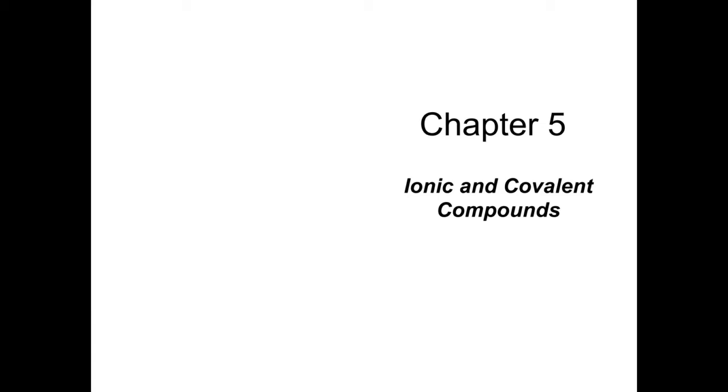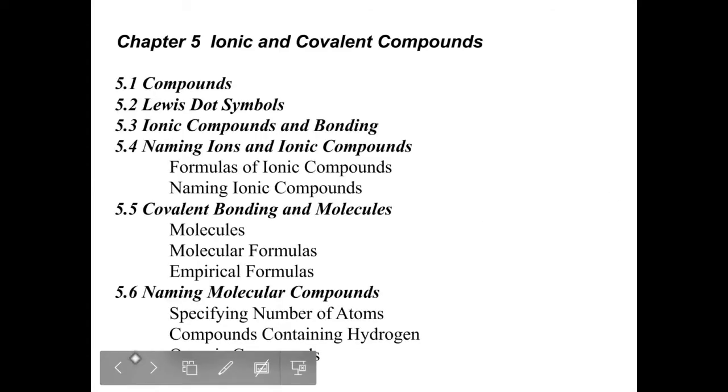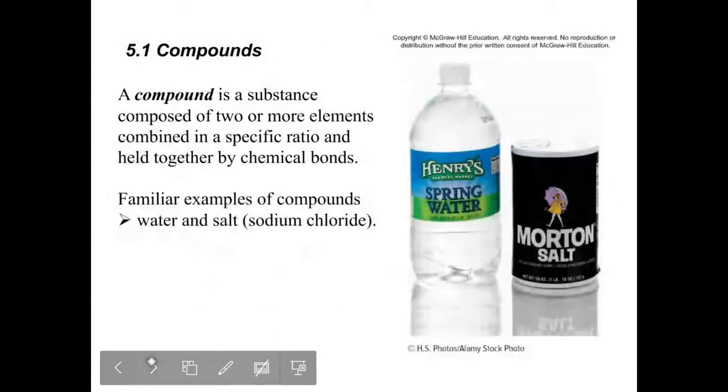Okay, so first of all, let's talk about, if I can get my slides to go here. There we go. Okay, so just set up the idea of what is a compound. A compound is just a substance composed of two or more elements combined in a specific ratio, and this will become important later, specific ratio, and held together by chemical bonds.